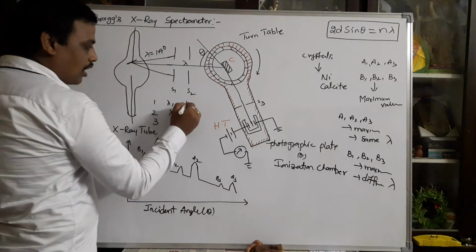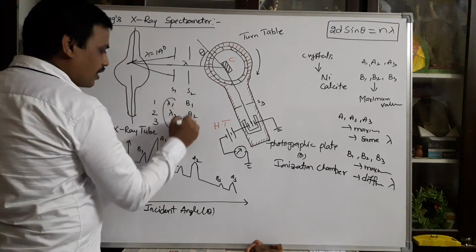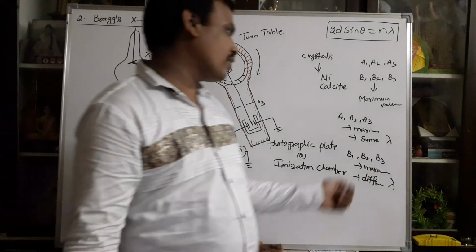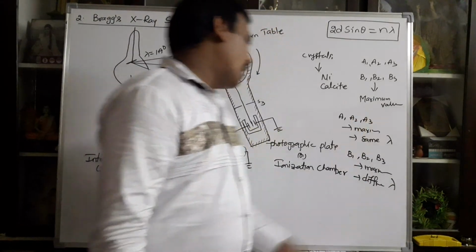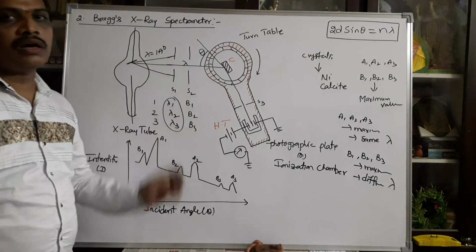With different wavelengths the maximum values are B1, B2, B3. So for the same wavelength the maximum values are A1, A2, A3, and for different wavelengths the maximum values are B1, B2, B3.